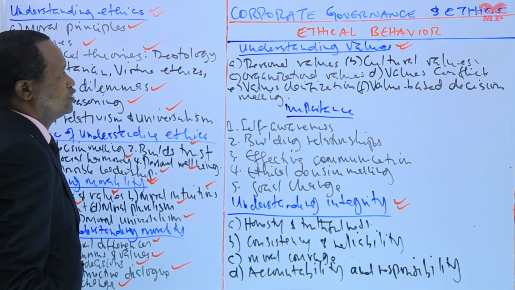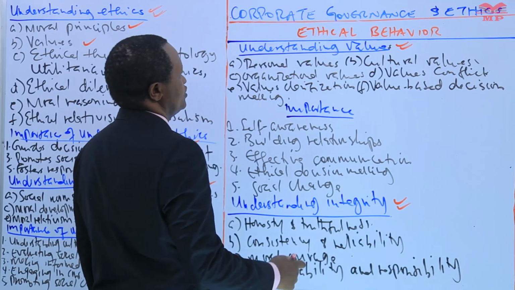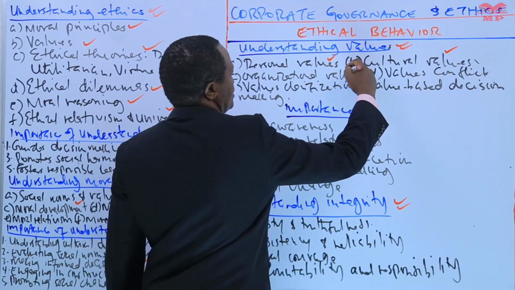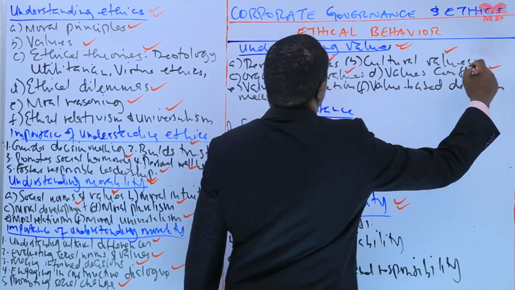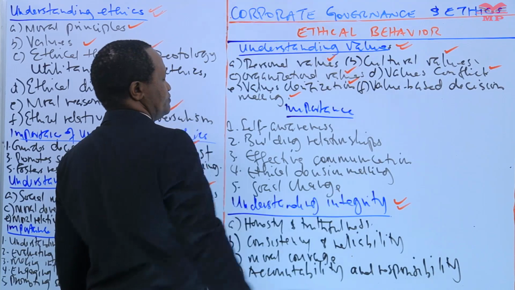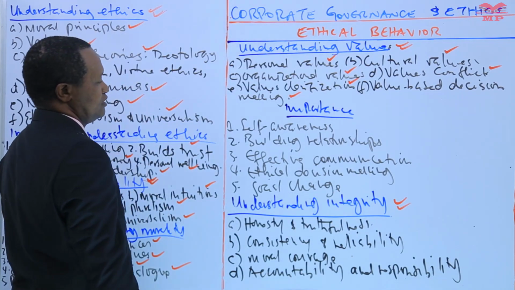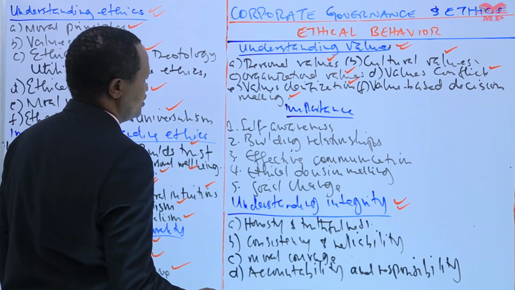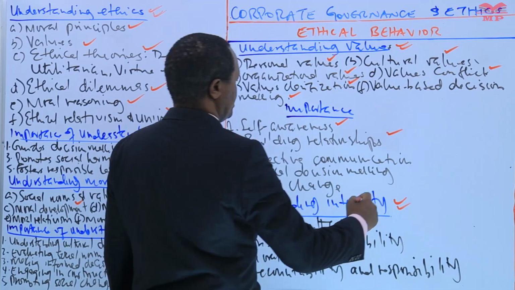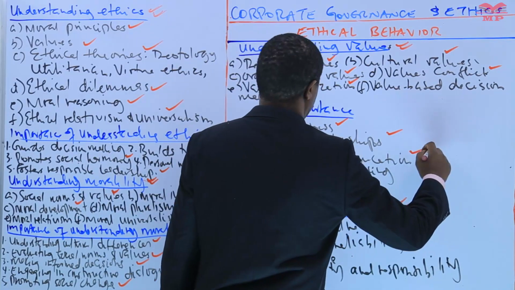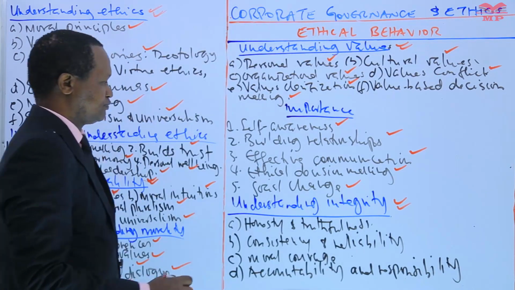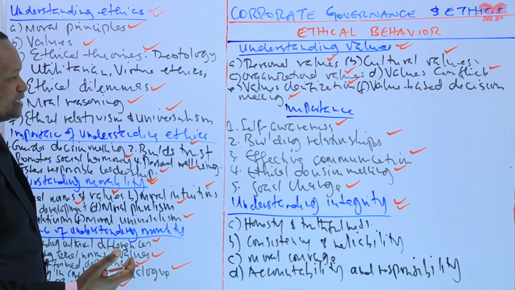Understanding values, we identify the key aspects of understanding values: personal values, cultural values, organizational values, values conflict, value clarification, and value-based decision making. We highlighted 5 reasons why understanding values is important. 1, it helps in self-awareness, it builds relationships, it is important in effective communication, ethical decision making, and it fosters social change. Then lastly, we have studied understanding integrity.